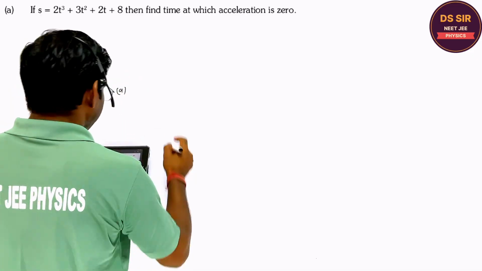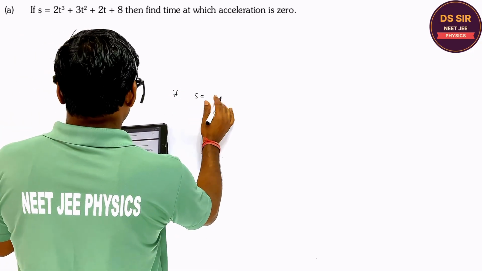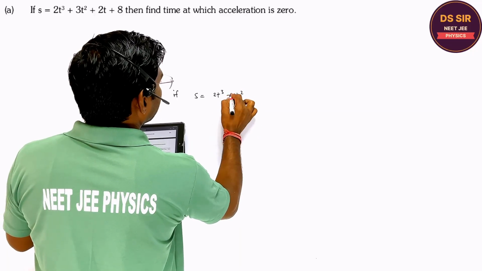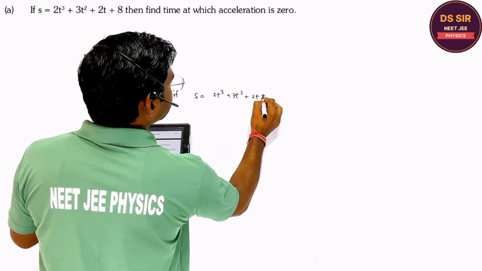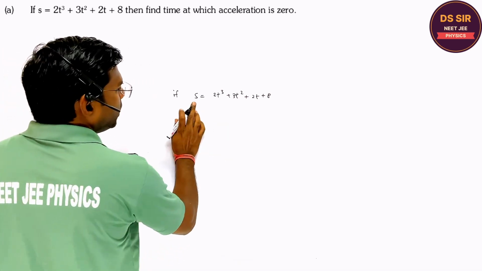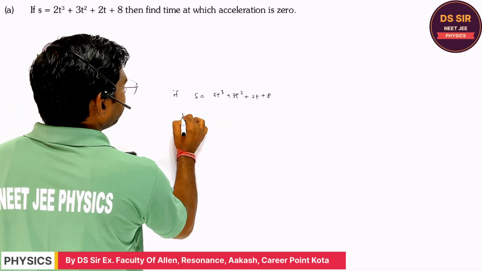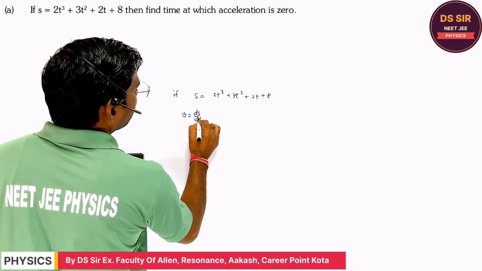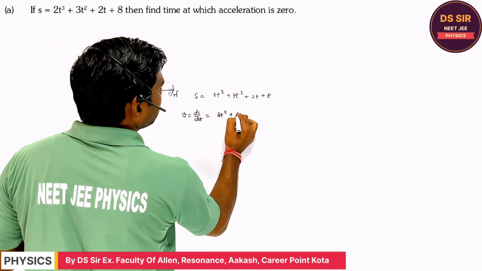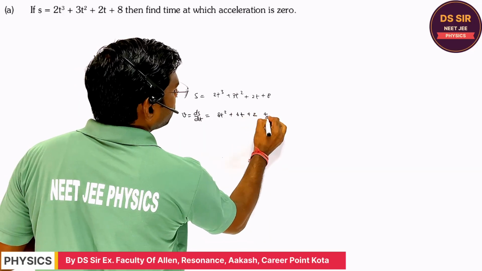So read this question. The first part is, if s is equal to 2t cube plus 3t square plus 2t plus 8, then you have to find the time when the acceleration is 0. If the displacement is given, so ds upon dt is what? Say velocity. If you differentiate this, 6t square plus 6t plus 2 plus 0.